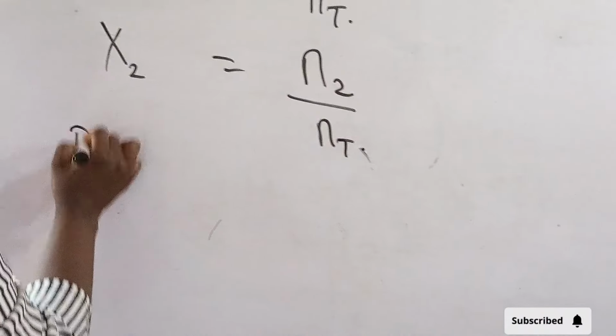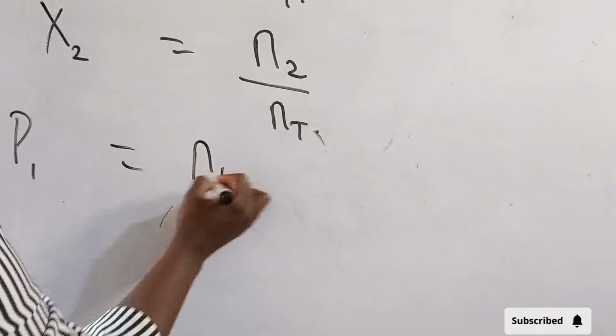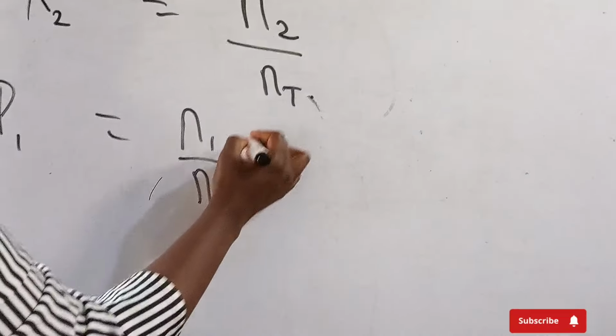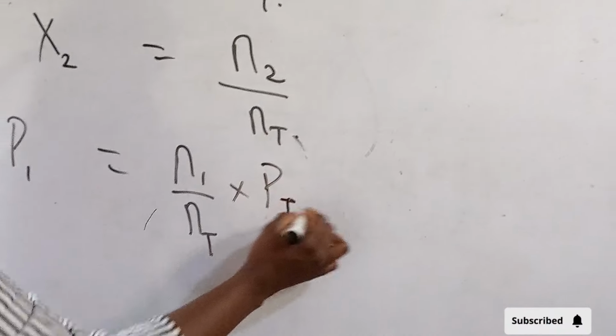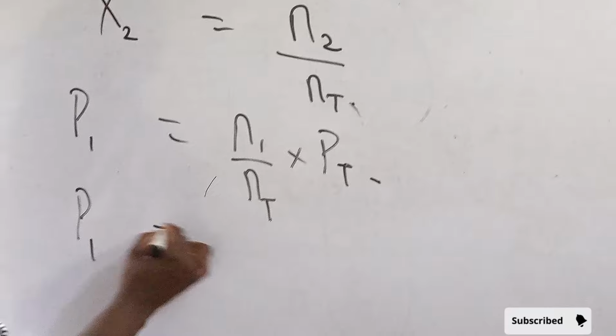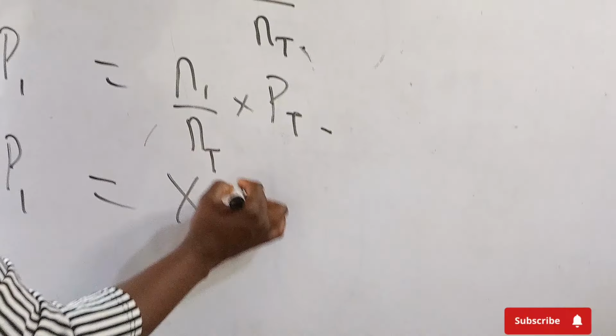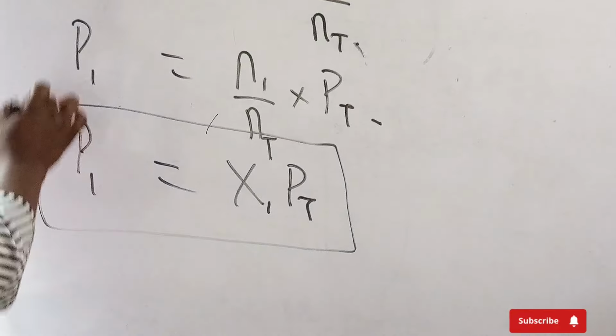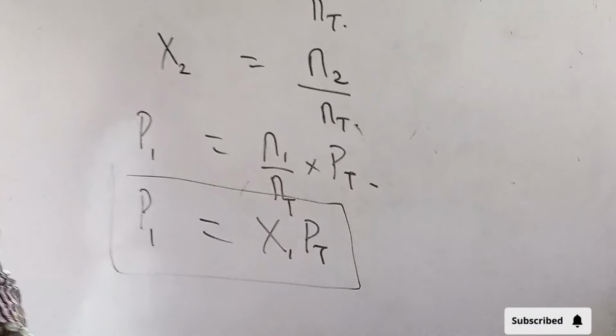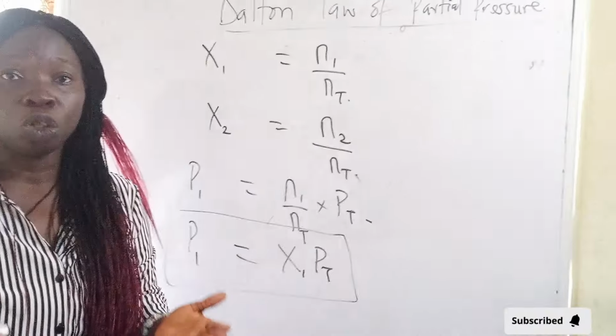From our equation, partial pressure equals N1 over NT times PT, so partial pressure equals mole ratio 1 times PT. So this is the formula for partial pressure when the mole ratio is given to you.